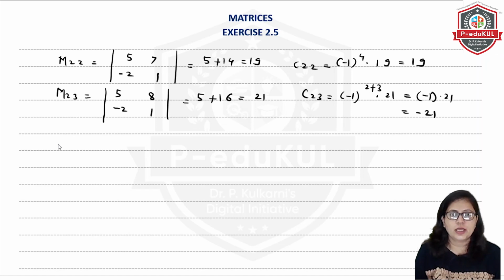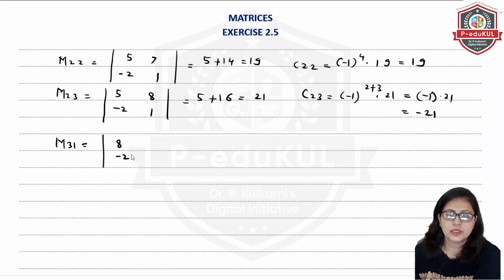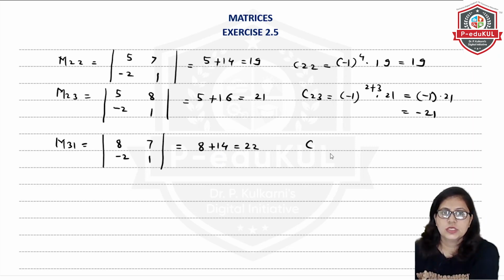Now the next is M31. M31, what elements will I be getting? 8, minus 2, 7, 1. So this will be 8 minus 14. So this will be 22. And then C31 will be minus 1 raised to 4 into 22, which will be 22 itself.